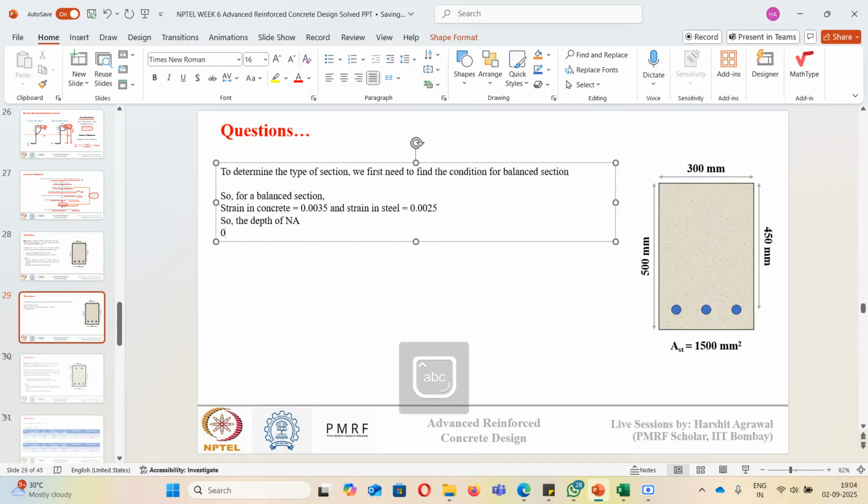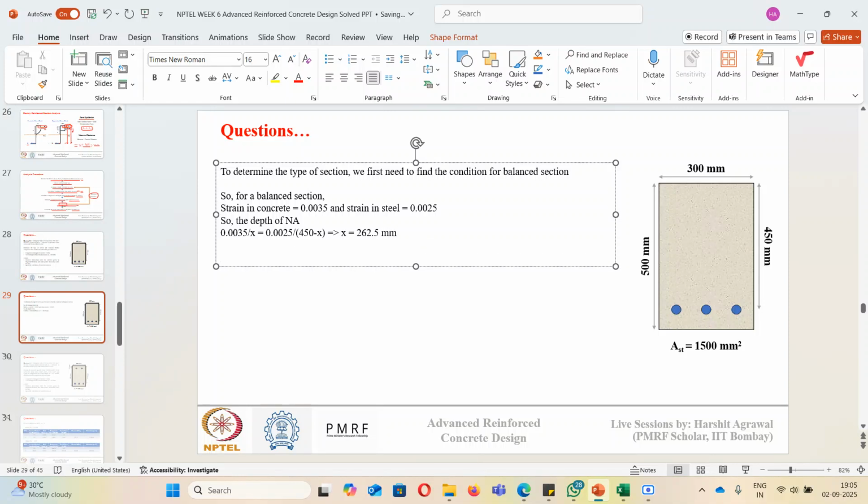It will be 0.0035 upon x equal to 0.0025 divided by d minus x, so 450 minus x. When we rearrange this and solve, we get x equal to 262.5 mm. So we know the depth of neutral axis.